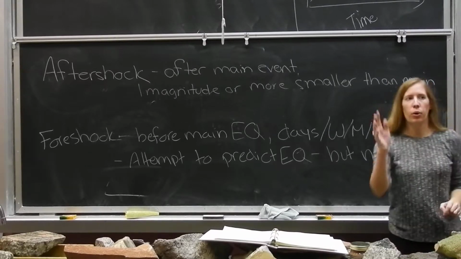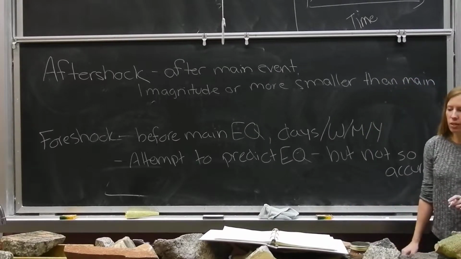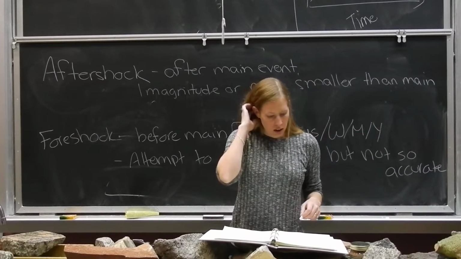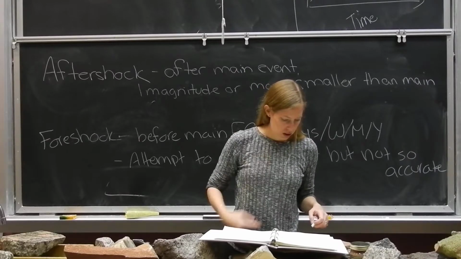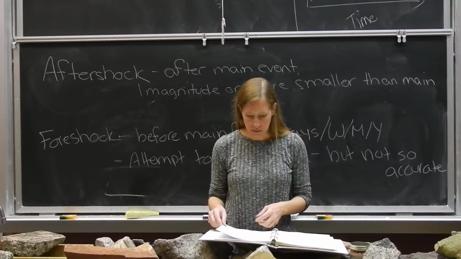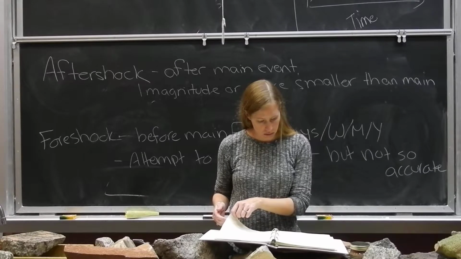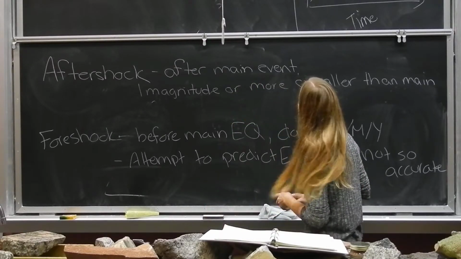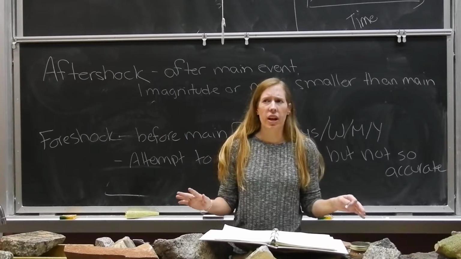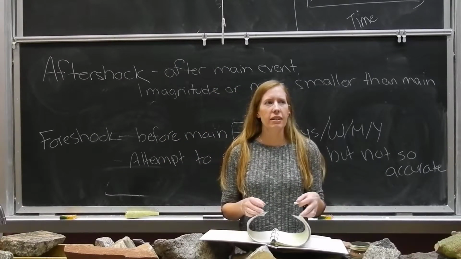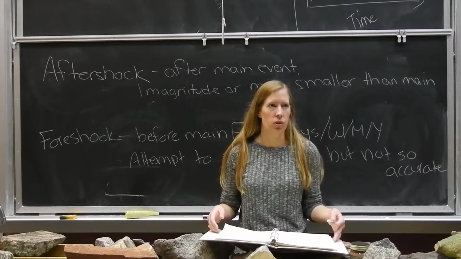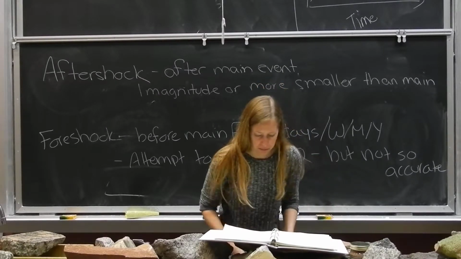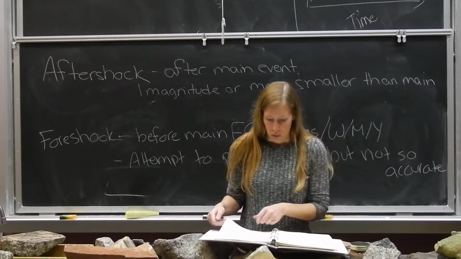So if you have a 7.6, it'll usually be a 6.6 or smaller. Going back to our seismic waves really quick, which one has the highest amplitude? Surface waves. Beautiful.